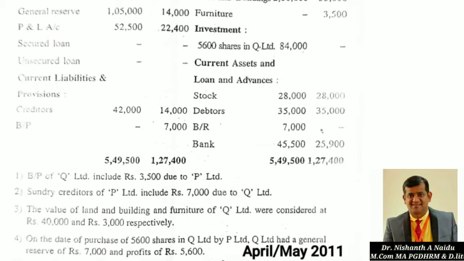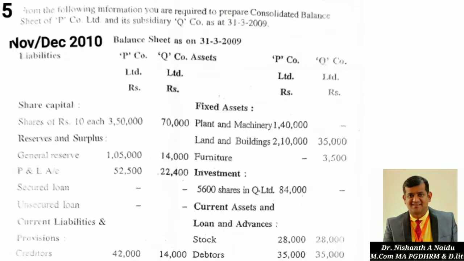The total column of P Company 5,49,500 and Q Company 1,27,400. On the other hand, asset side, fixed assets, under that plant and machinery 1,40,000 P Company Limited, Q Company Limited nil.